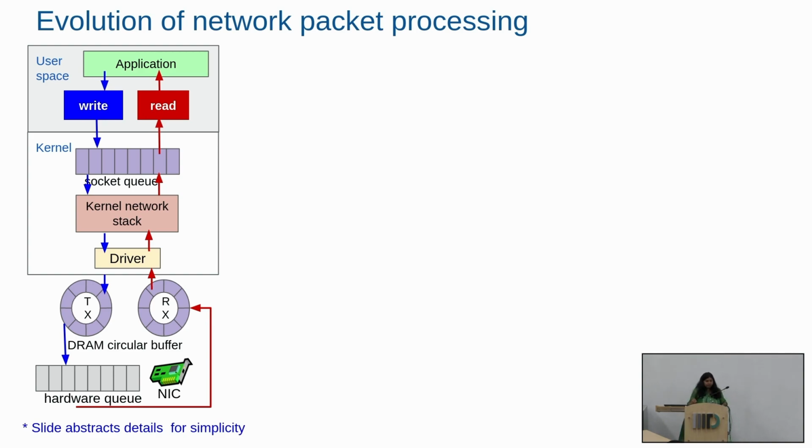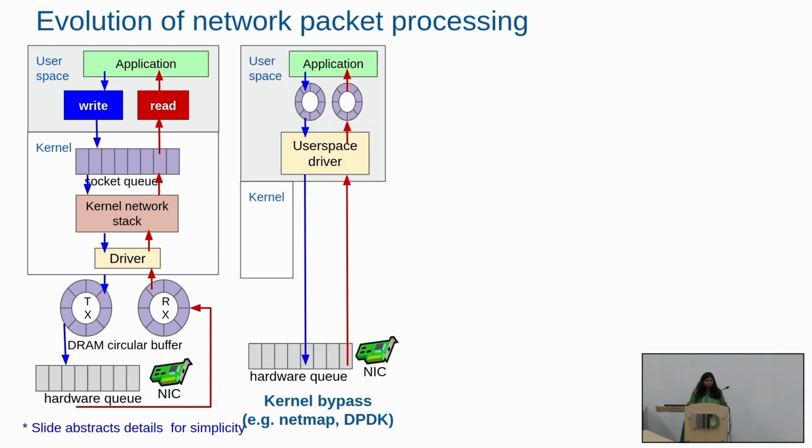This was the typical kernel stack that we saw in the first part of the session. If I want to reduce the overheads, one option is to completely eliminate the kernel processing. When a network packet arrives, it can be pushed directly into user space, and we save on the processing at the kernel end.